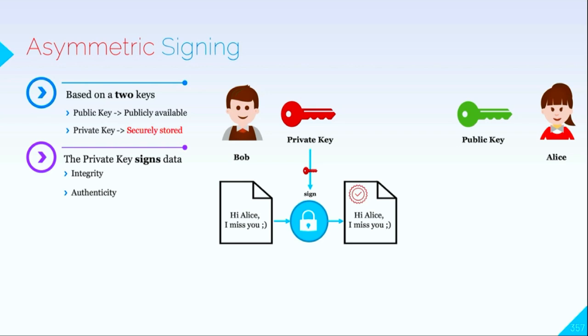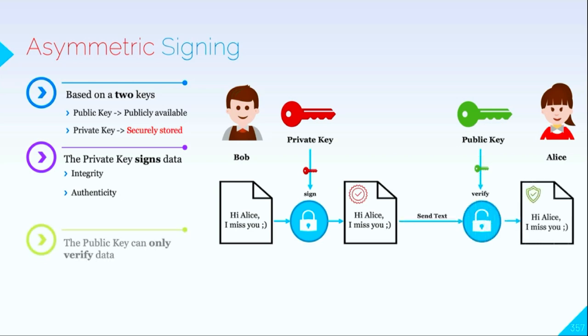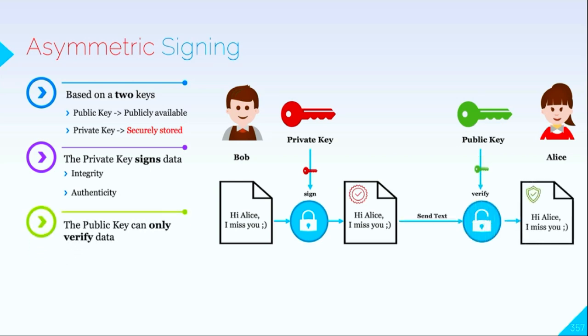The signature allows Alice to verify the integrity and authenticity of the message, ensuring that the evil guy hasn't tampered with it. When Alice receives the message, she now uses the public key to verify the signature. And there we go, she can now be sure that the message truly came from Bob without needing to get the private key that signs the information.